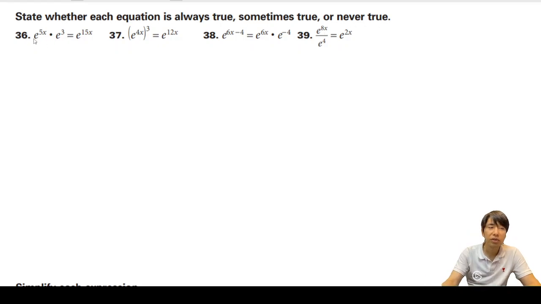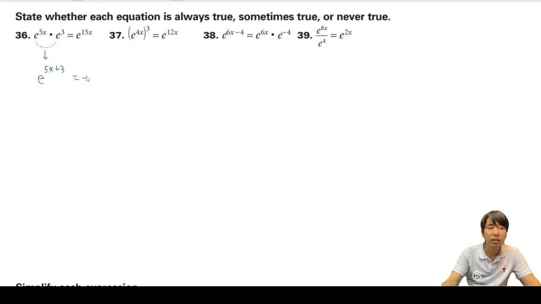Let's look at number 36. If you apply the basic exponent rules, since you have the same base e, you can simplify this to e to the power of 5x plus 3.